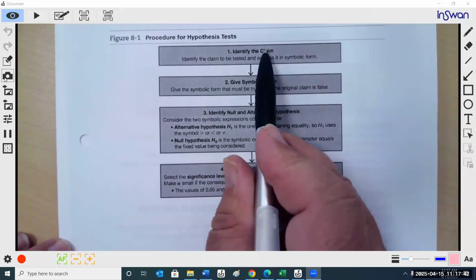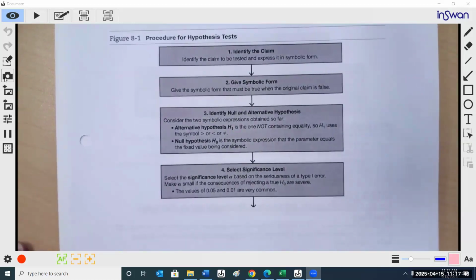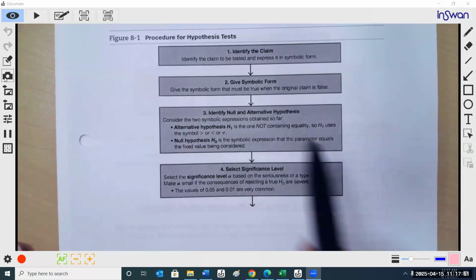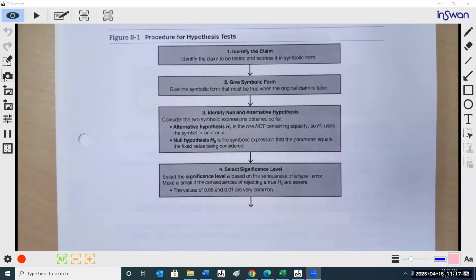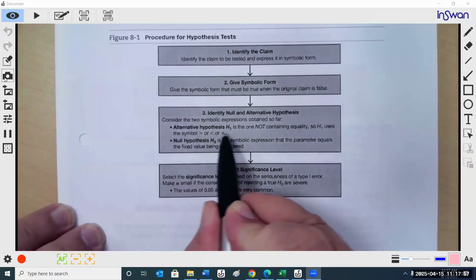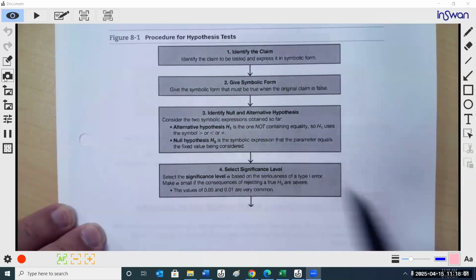Then represent the claim using symbols. And we're going to do all this in a little bit. Identify the null and the alternative or alternate hypothesis. The alternate hypothesis, H1, is the one not containing equality.